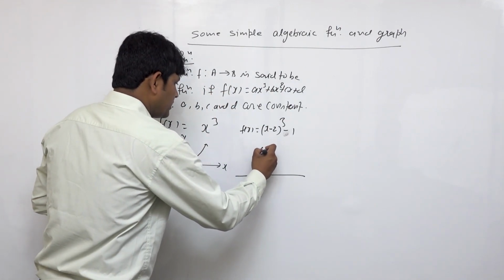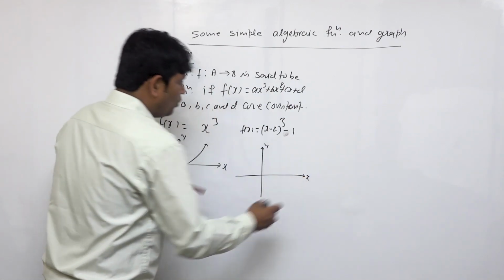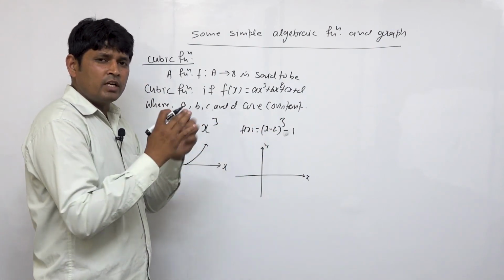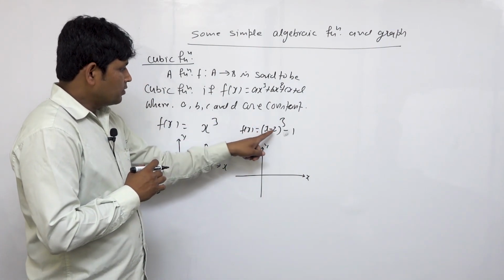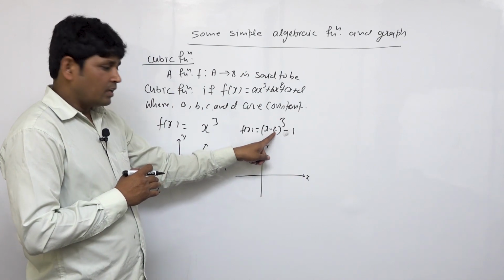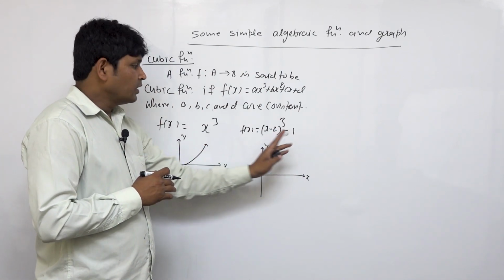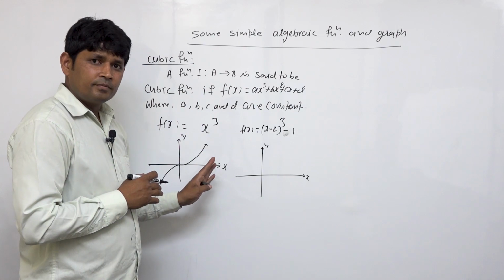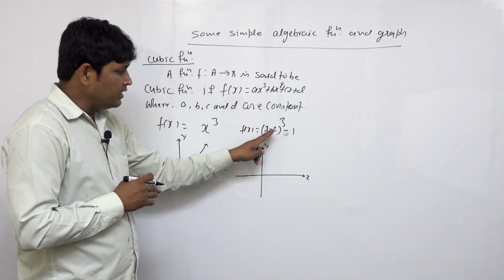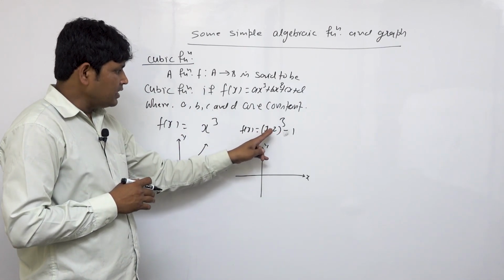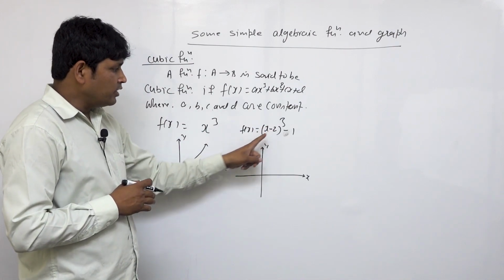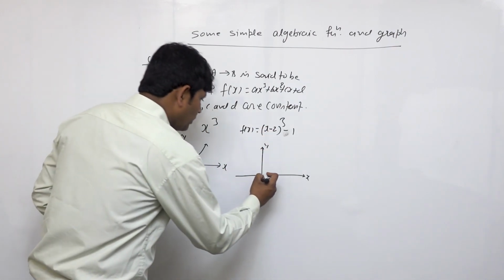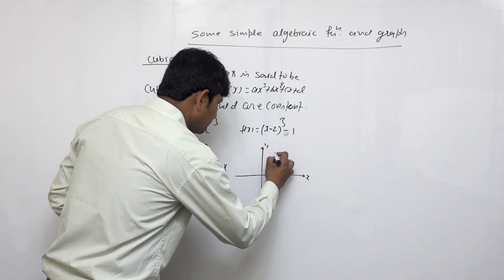There is the y-axis, x-axis. Because of the 2, the graph will move horizontally, 2 units right or left. As I said before, minus means right, and if there was plus, then left. So minus 2 is 2 units right. So we have to move 2 units right.